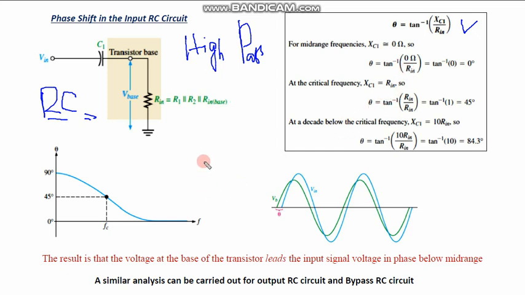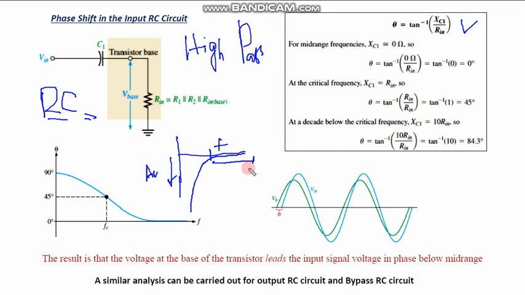If I plot it, it was like this: this axis was frequency, and this axis was voltage gain. For mid-range frequencies, from here to here, there was no change in the voltage gain, and the voltage gain was the mid-range gain.